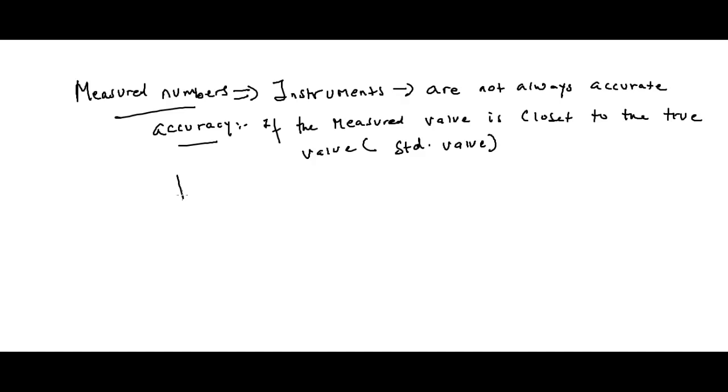And for precision, we use the terminology of accuracy and precision when we measure objects. Precise means that if the measurements are close to each other, they don't have to be accurate, but whatever measurements you do, if they are close to each other, we can say they are precise.